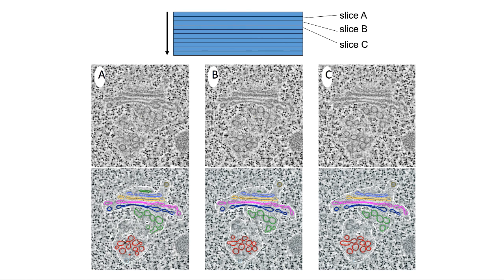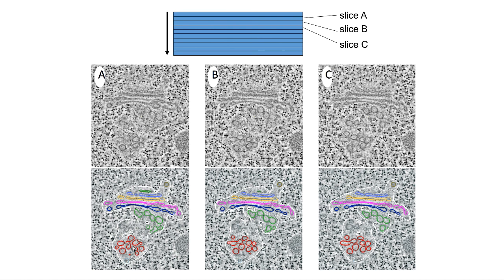To better visualize the 3D organization of the membrane and the ribosome excluding zone surrounding the Golgi, we generate outlines in 2D, and these 2D outlines are combined in a computer to generate a 3D object.